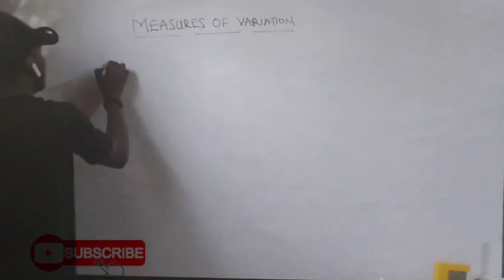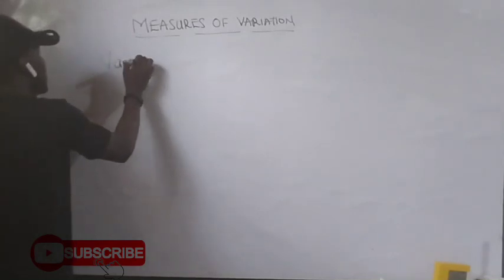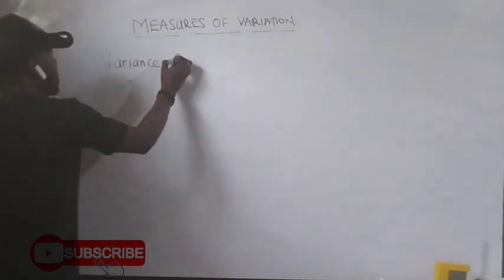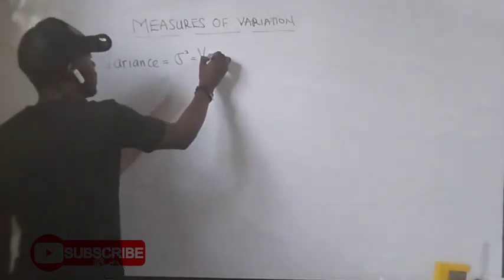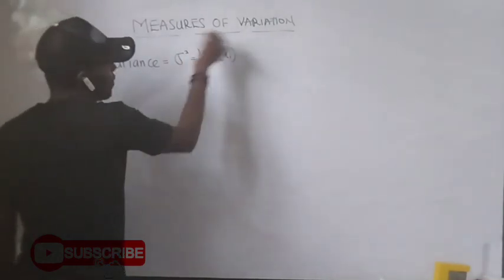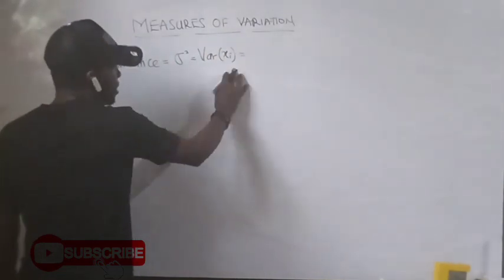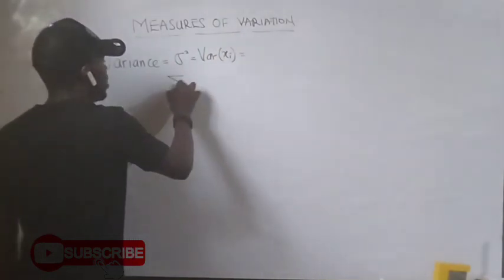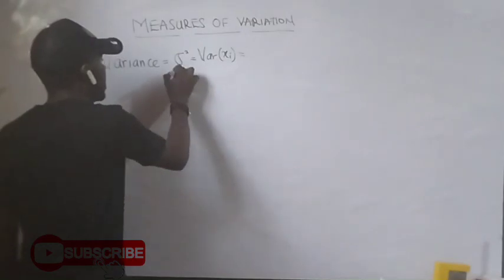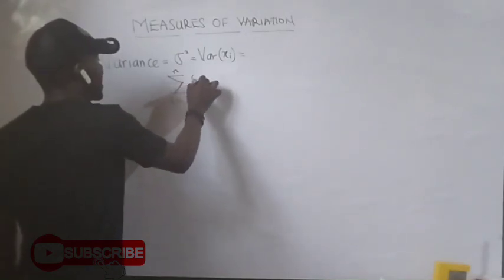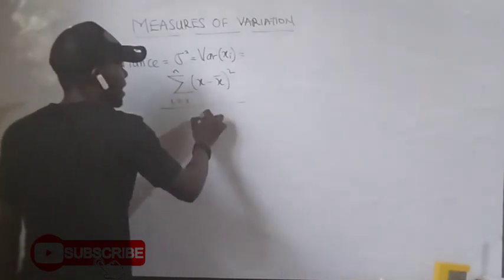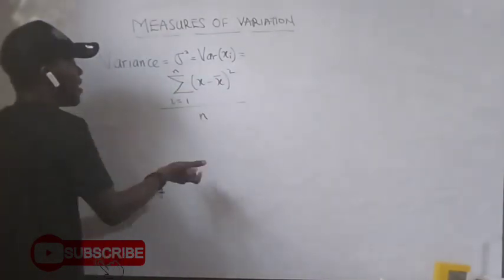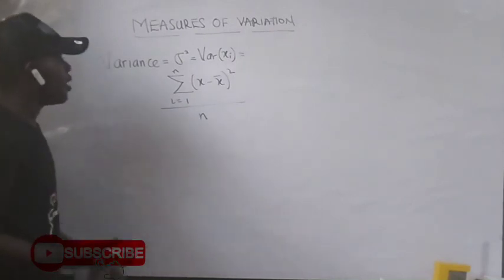By formula, variance is denoted by sigma squared, and we do write it as variance of, say, xi, that means range of values of xi. All of these still mean the same thing. It is the summation of i ranging from 1 down to n of (xi minus x bar) in bracket squared, all over capital N. This is when I don't have a frequency, just my normal ungrouped data.